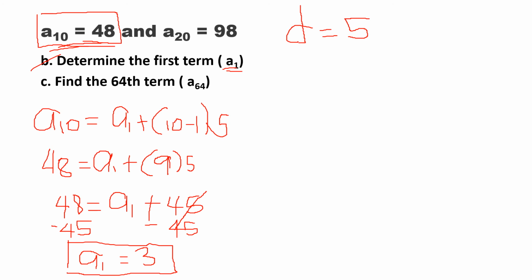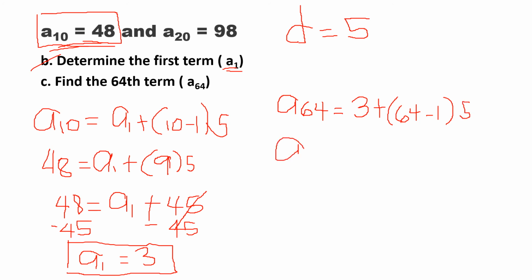Next, sa letter C, find the 64th term. Okay, so we have a 64 equals the value of our a sub 1, 3 plus 64, that is for letter N, minus 1 times the difference 5.